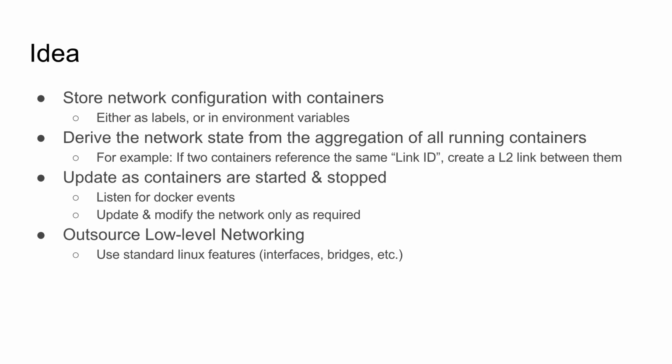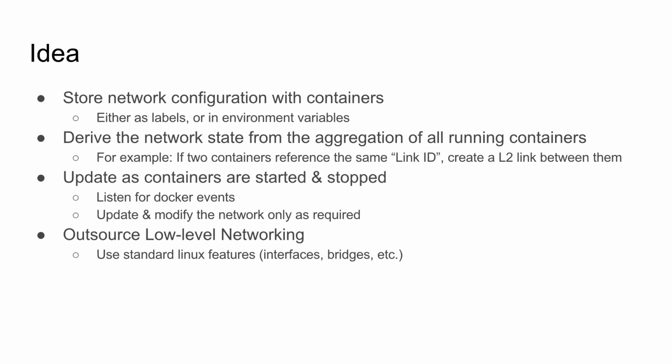The point with the software was that we want to do everything in a much smaller, more compact way. After thinking about how to do that for a while, I came up with the idea that containers can have labels, so we can store the network they're supposed to have in those labels.